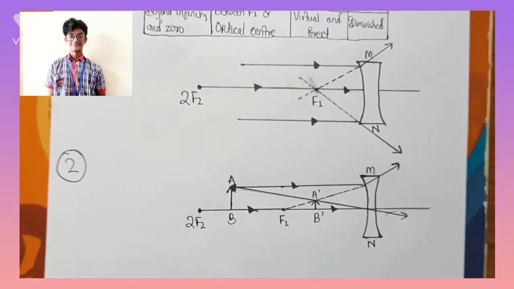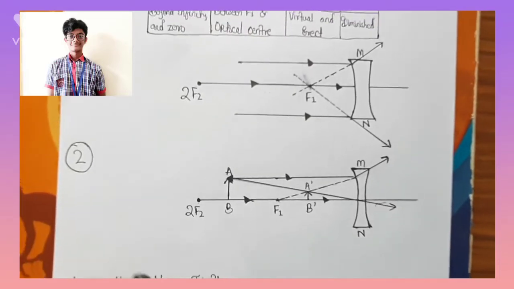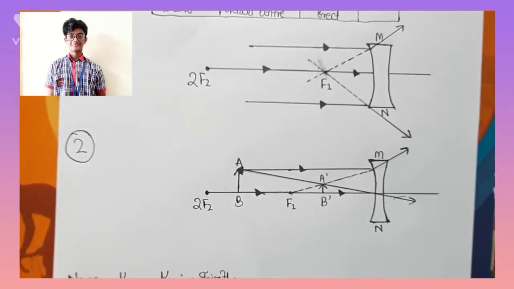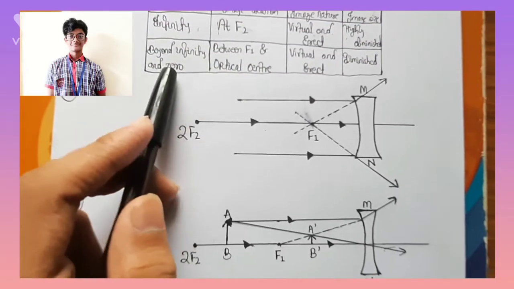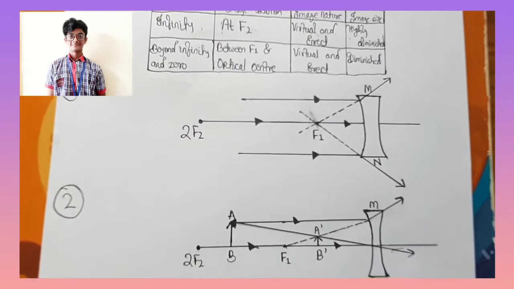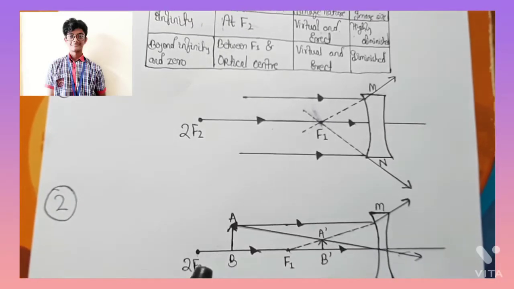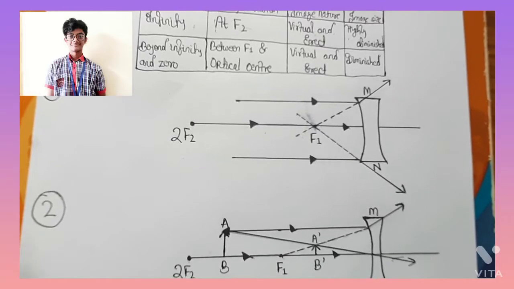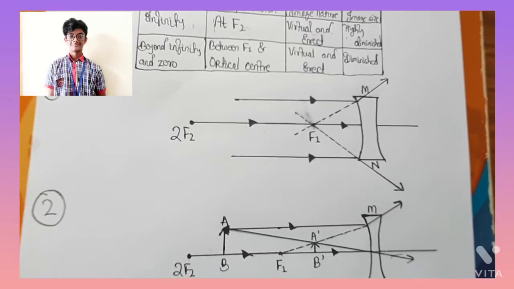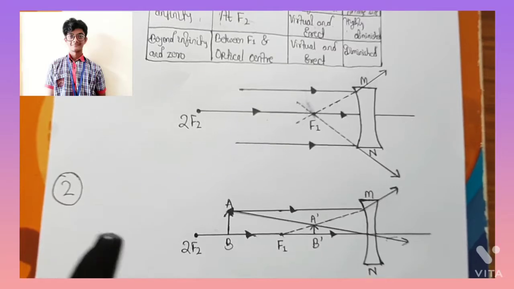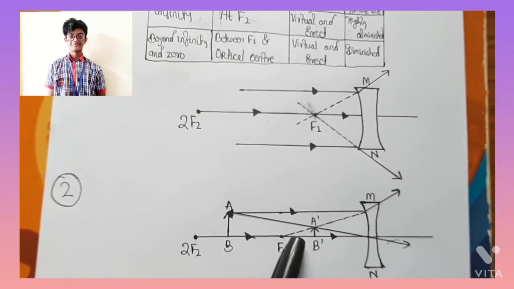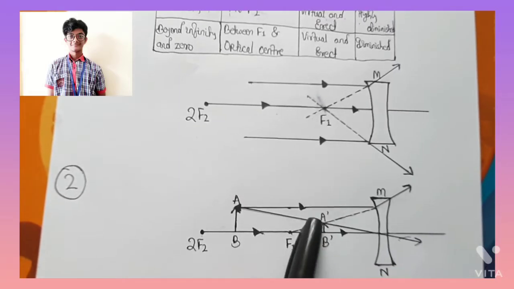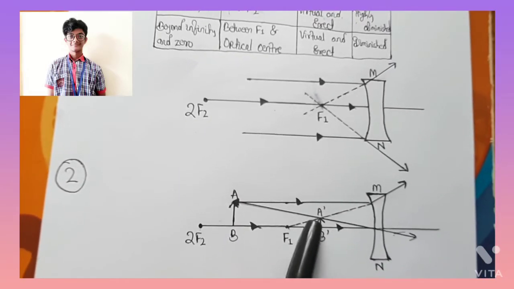In the second example we could see that when an object is placed at a finite distance, that is, between infinity and zero, from the lens a virtual image is formed between the pole and the focus of the lens. So a virtual image will be formed between F1 and the optical center.